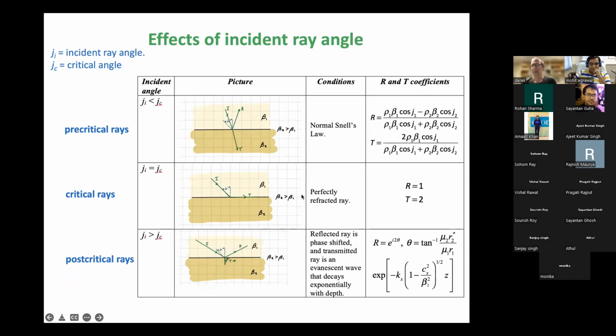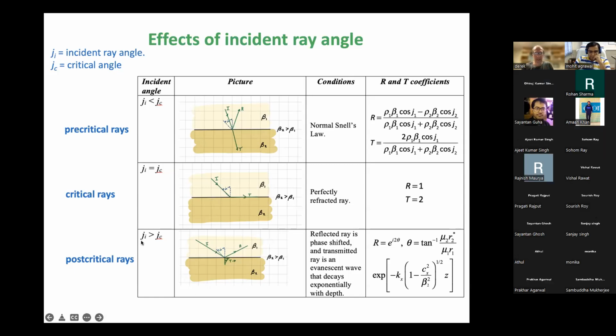Okay, so you may recall from yesterday that we were talking about Snell's law and ray parameter. Next, I want to talk about post-critical waves. These are rays that come in at angles of incidence beyond the critical angle, so J sub I, the angle of incidence, is greater than the critical angle.